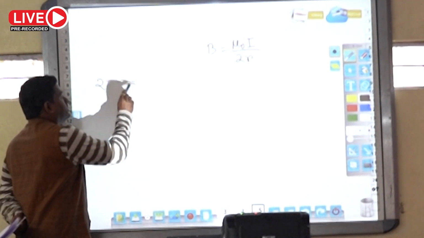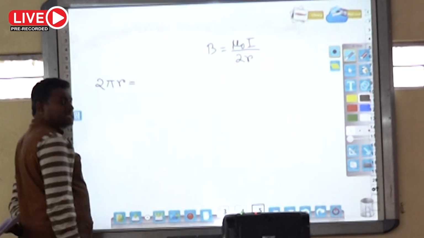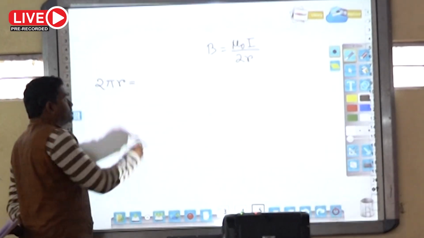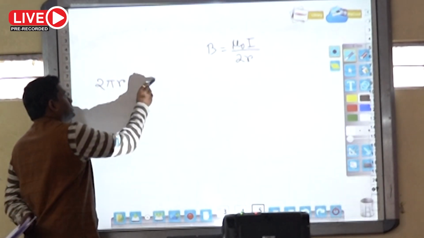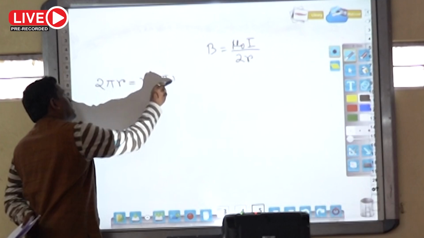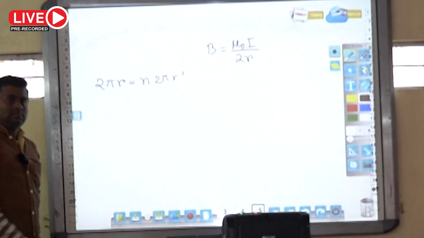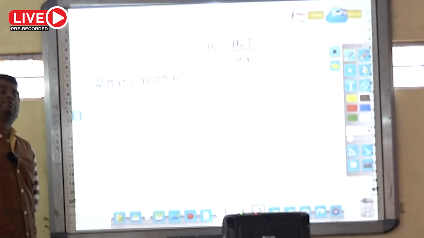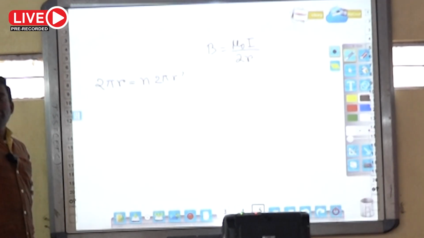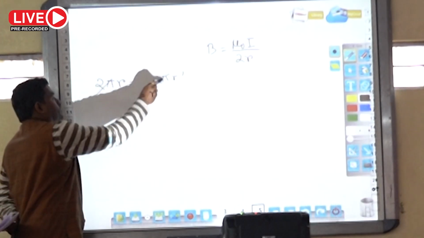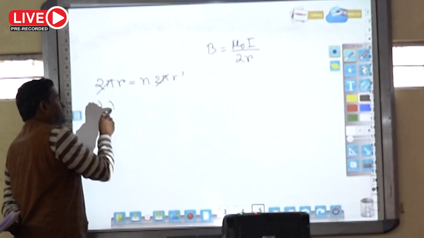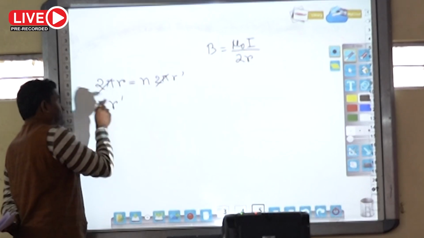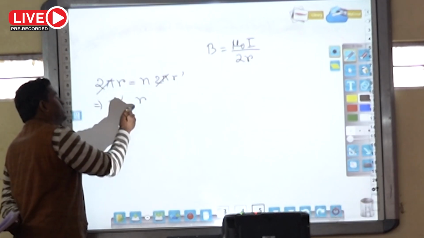Suppose r is changed to r prime, so it will be n times 2 pi r prime, because n turns are now prepared with the same length of wire. So it equals n into 2 pi r. Then 2 pi cancels, so we can write r prime equal to r by n.